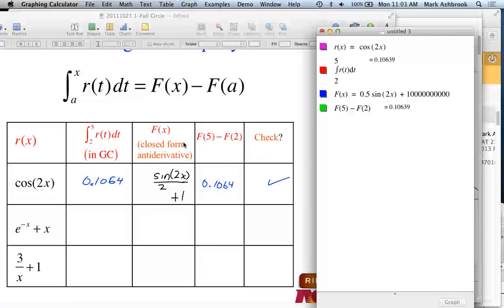Pick any closed form antiderivative that you want. Okay, work together and check.